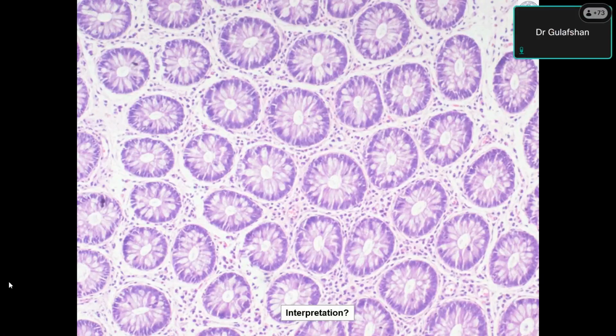It is a normal mucosa of colon which shows crypts uniformly distributed.